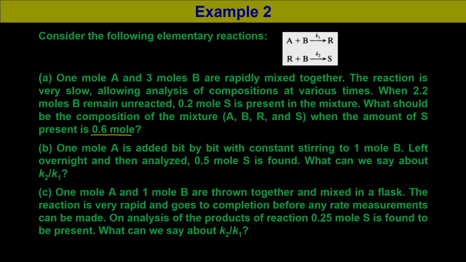The reaction is very rapid and goes to completion before any rate measurements can be made. On analysis of the products of reaction, 0.25 mole of S is found to be present. What can we say about K2 by K1?